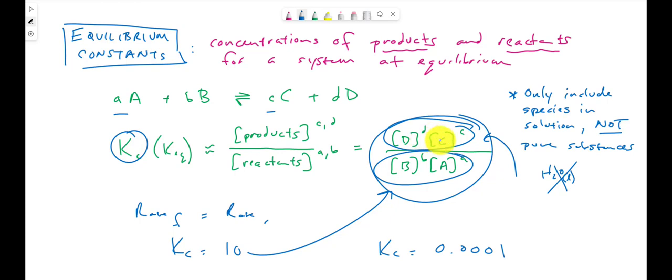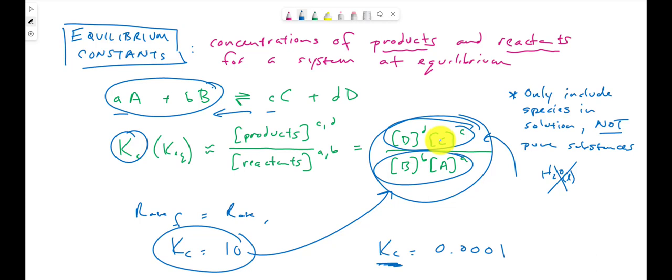And so in that case, we could say for very small K, the equilibrium favors reactants. It's going to lie this way. And when we have larger K, the reaction equilibrium favors the products. If Kc here is equal to 1, then it means at equilibrium we have equal parts of the reactants and the products in complete balance.